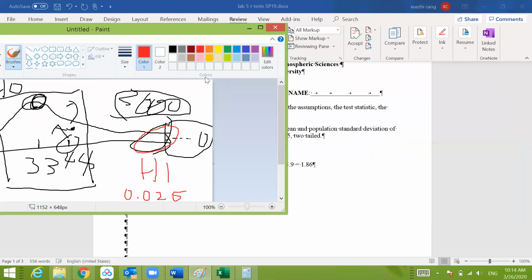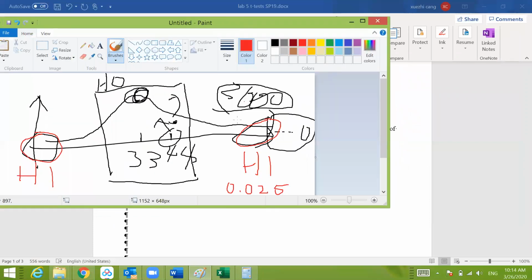Okay, so now we need to figure out the value x here. By the way, if the circled area here is 0.025, then what is the area of this part?